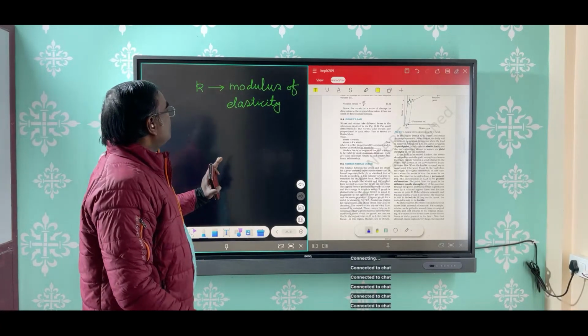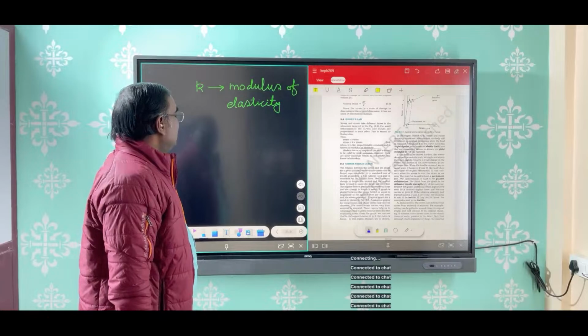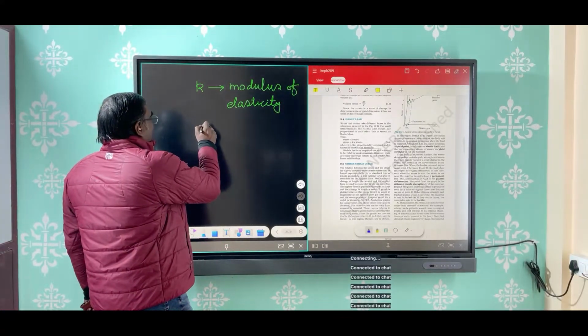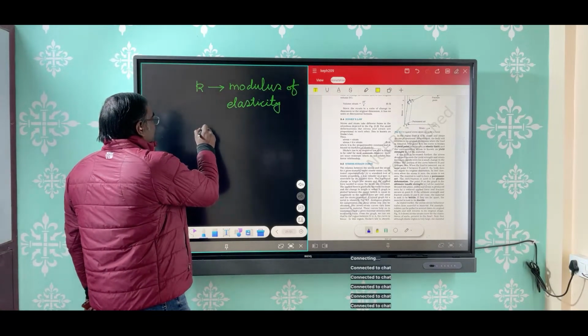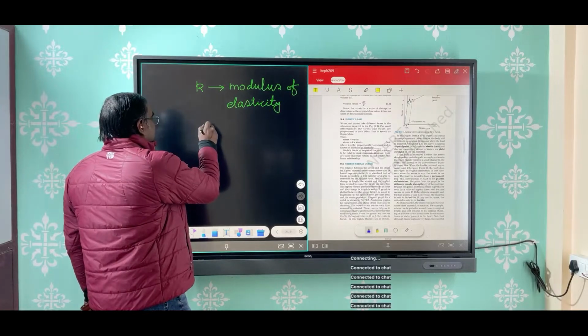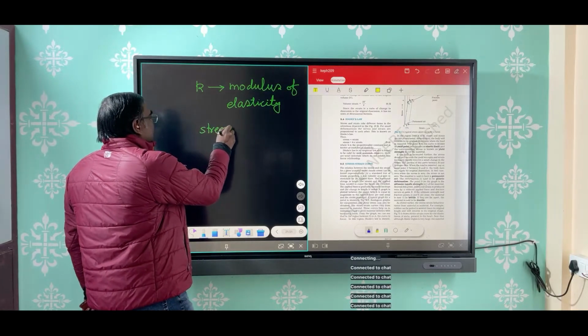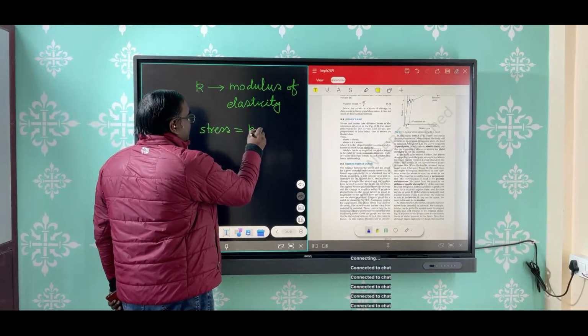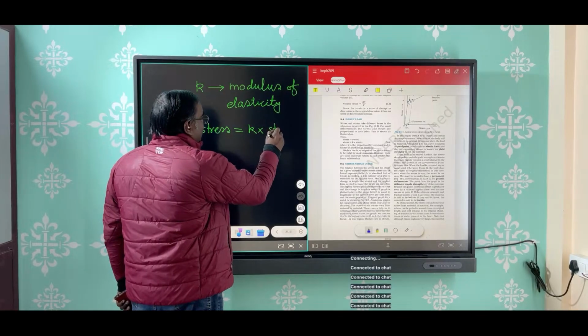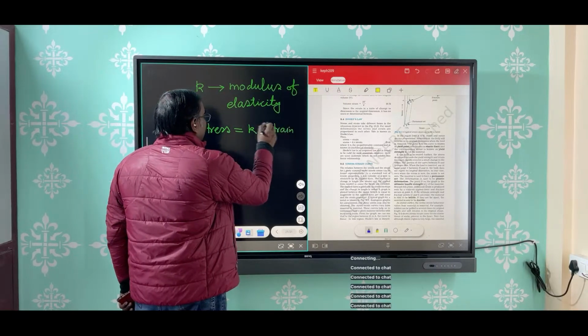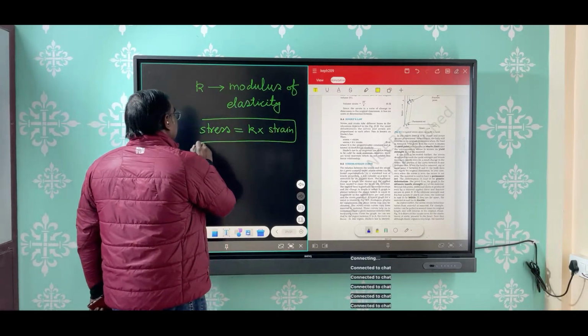Hooke's law is the linear relationship between the stress and strain, right?